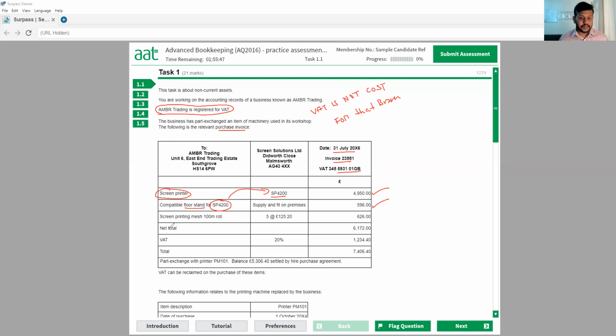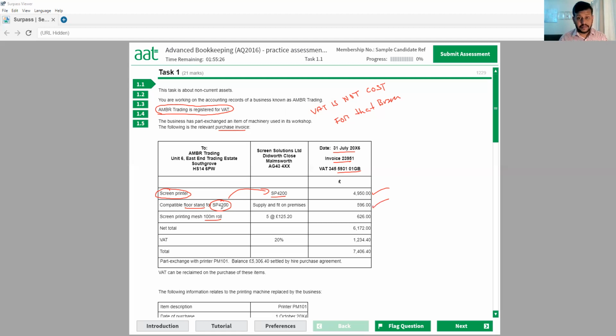Screen printer, printing mesh roll. Remember that the printing roll, or repair and maintenance, this sort of expense is a revenue expenditure because it is an ongoing expenditure for the business, and we will not be able to add it as part of the cost. Be very careful with that.